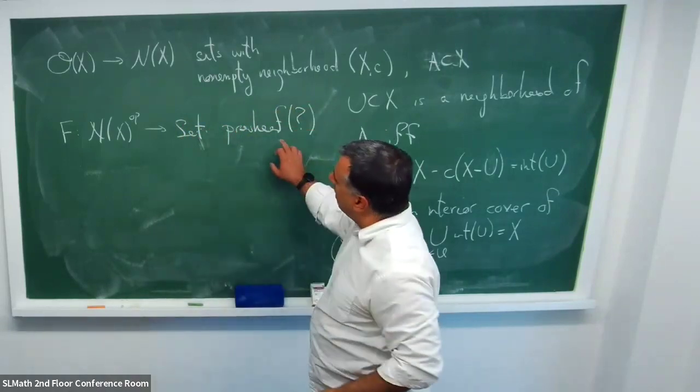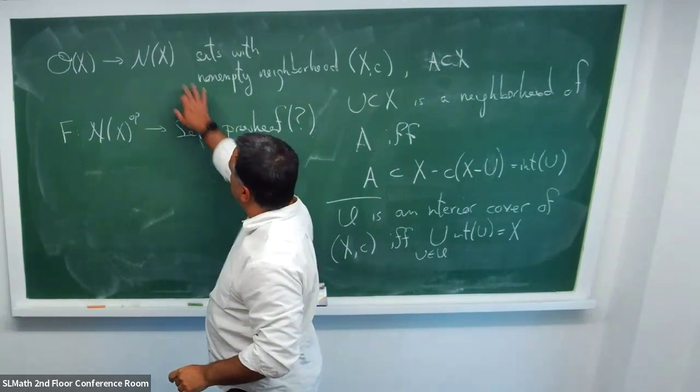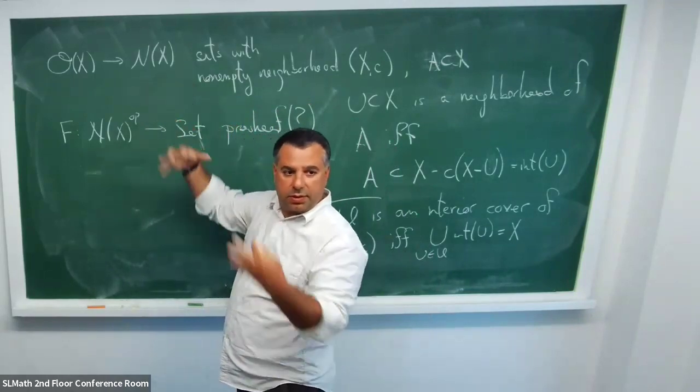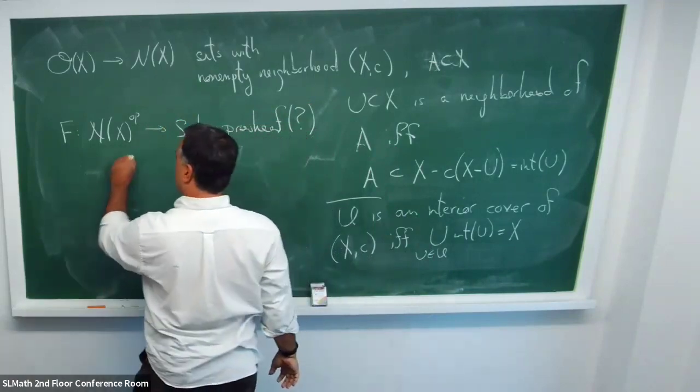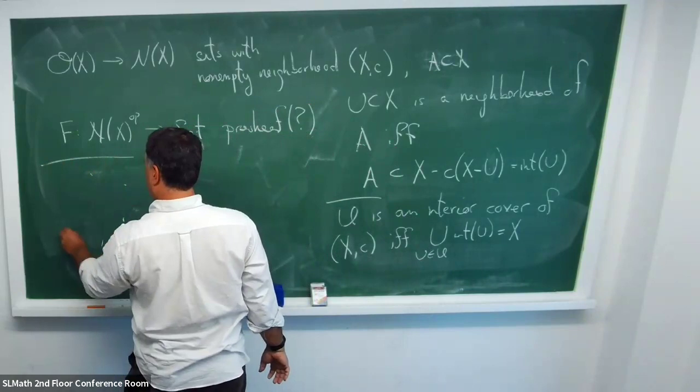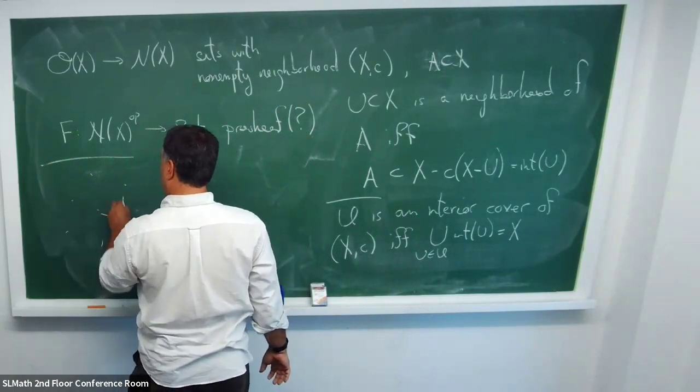But there's a problem here, which is that this collection isn't closed under intersection. It gets very easy to see in my original example.